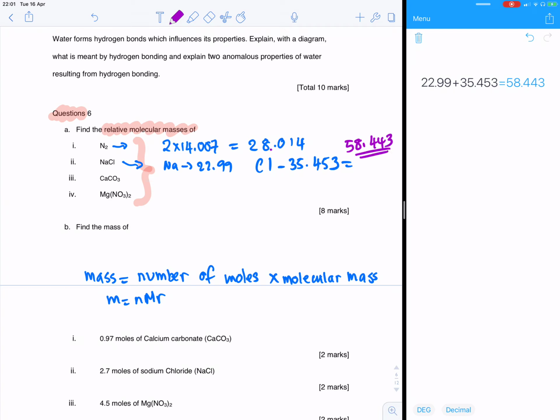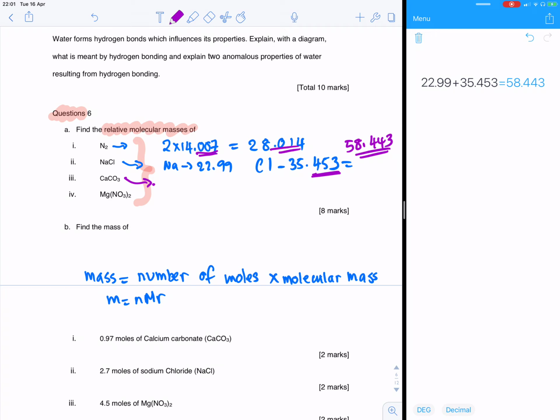I'm using 3 decimals because I've got 3 decimal places here. You should always use the maximum number of decimal places, or if you're asked to put them in 2 decimal places, if it's specific, then you can be more specific.